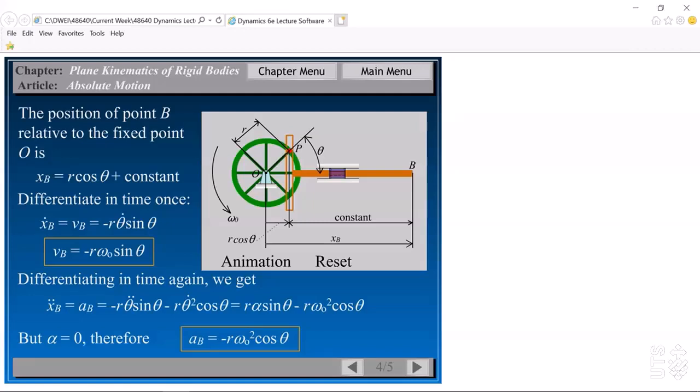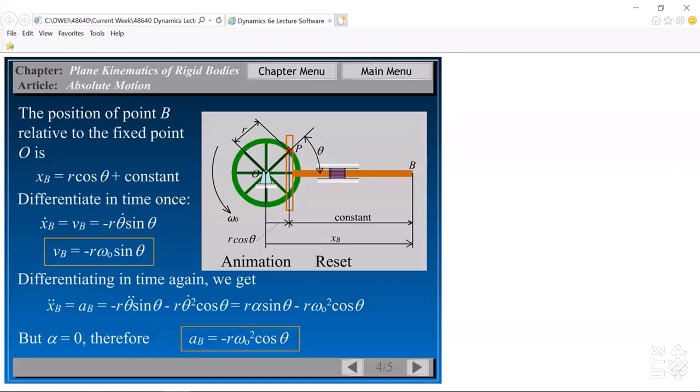Okay, we can do time derivatives on both sides. On the left side, dxb dt can give us Vb, the velocity of point B, and that's actually the velocity of the yoke.